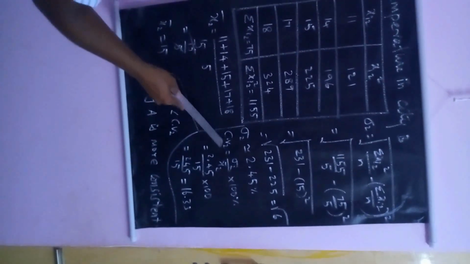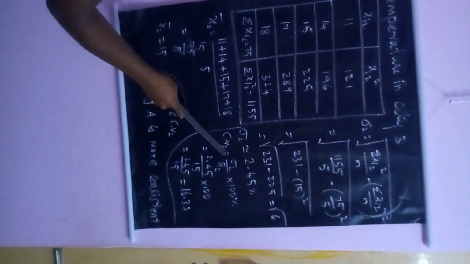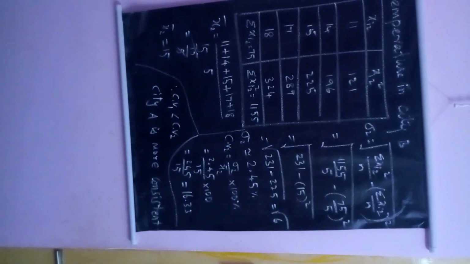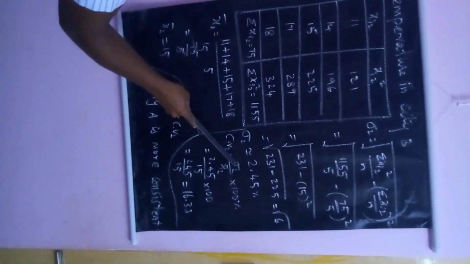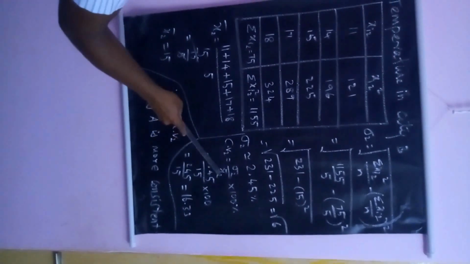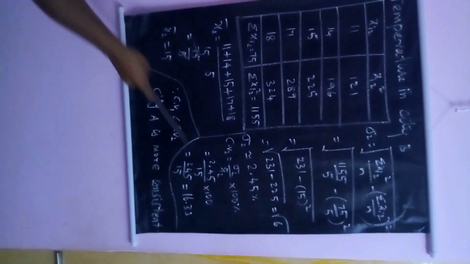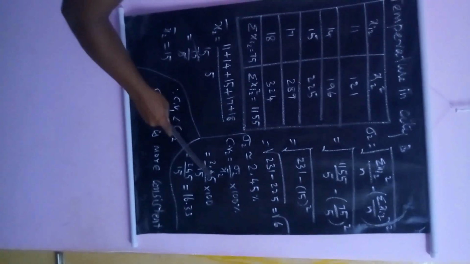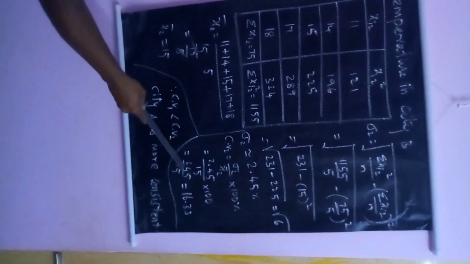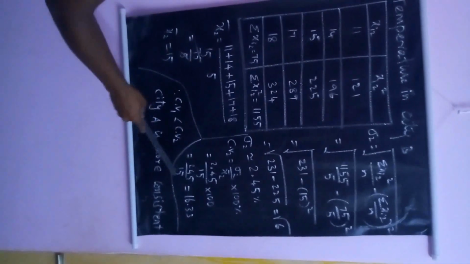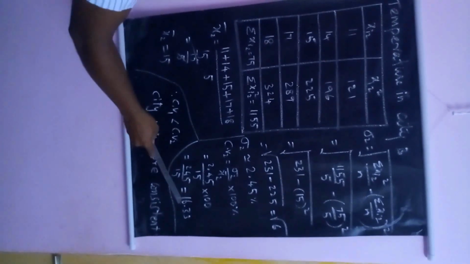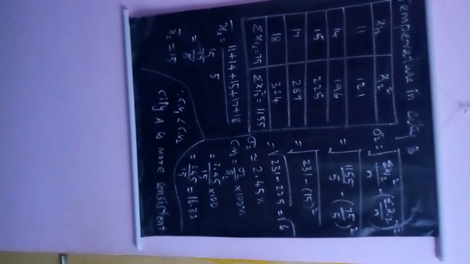Next, CV2, that is the coefficient of variation 2, equals sigma 2 divided by x2 bar into 100 percent, which is 2.45 divided by 15 into 100 percent. 2.45 multiplied by 100 gives 245, divided by 15, we get 16.33.